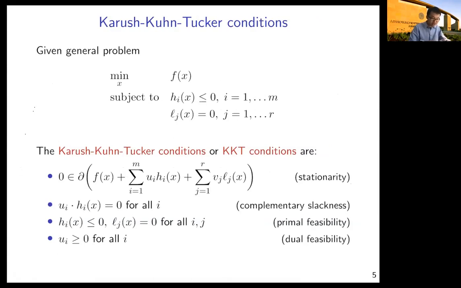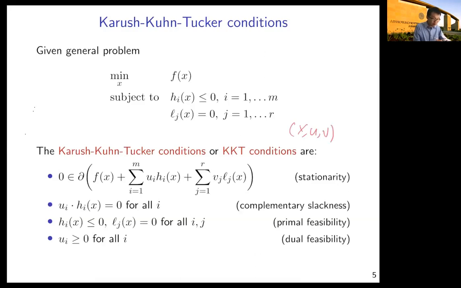So the first thing is the so-called stationarity. So this says that a triplet X, U, and V satisfy the so-called stationarity condition in which 0 is in the subgradient of the Lagrangian.